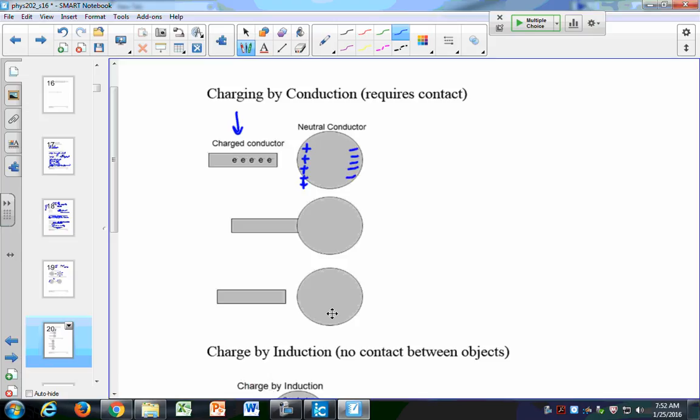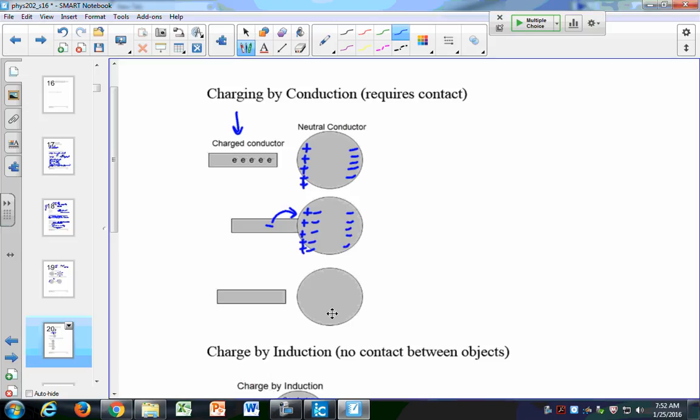that looks like that. Now, remember, our protons aren't really moving around, even though I'm drawing it this way. Really what's happening is the electrons are moving over to this side, and it's leaving an excess of positive charge to the left. Now, when I touch the conductor, the electrons that were here are going to travel onto the sphere, and I'll still have a setup like that for just a moment.